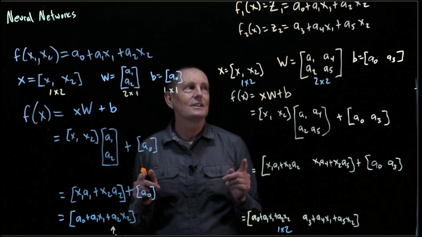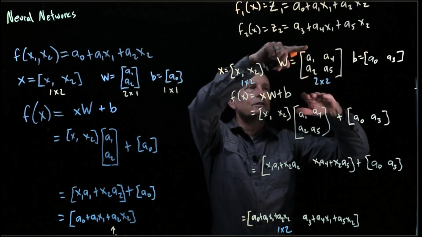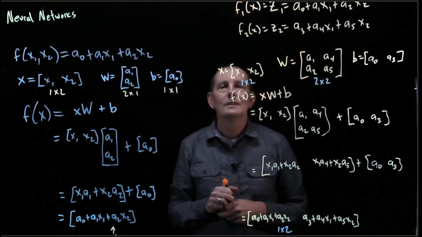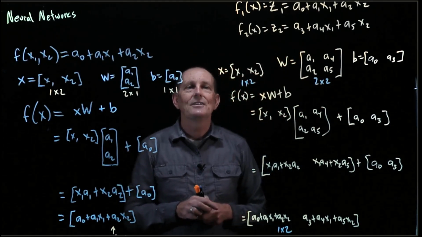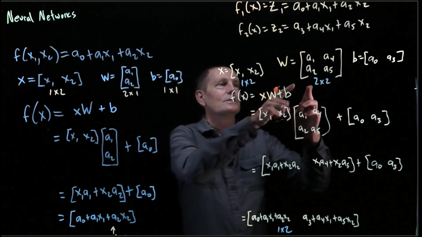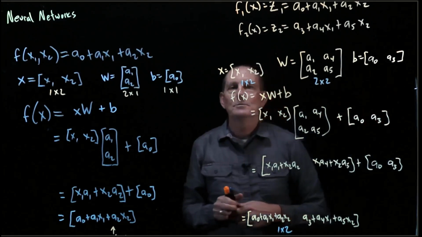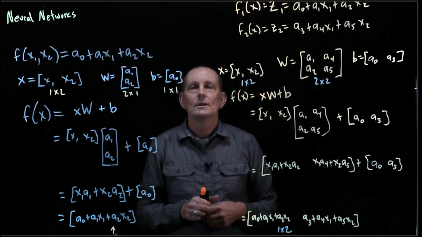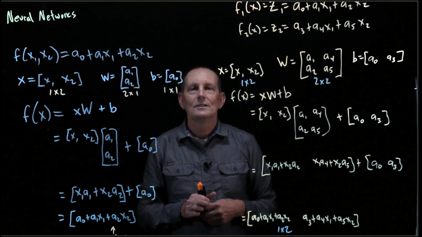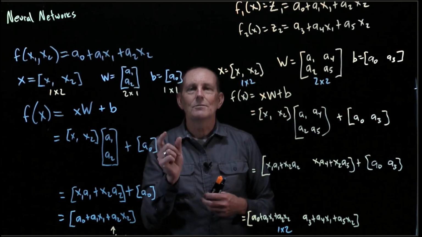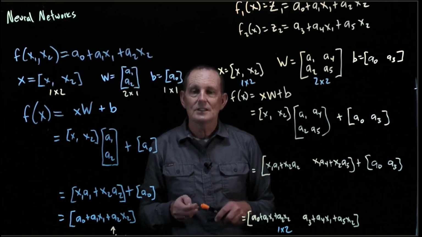The number of inputs is going to be the number of rows of W. And we can also produce multiple outputs, and that number of outputs is going to be the number of columns of both W and B. So if we just define a W and B, that'll tell us what the input shape needs to look like and what the output shape needs to look like. And we can string these together.